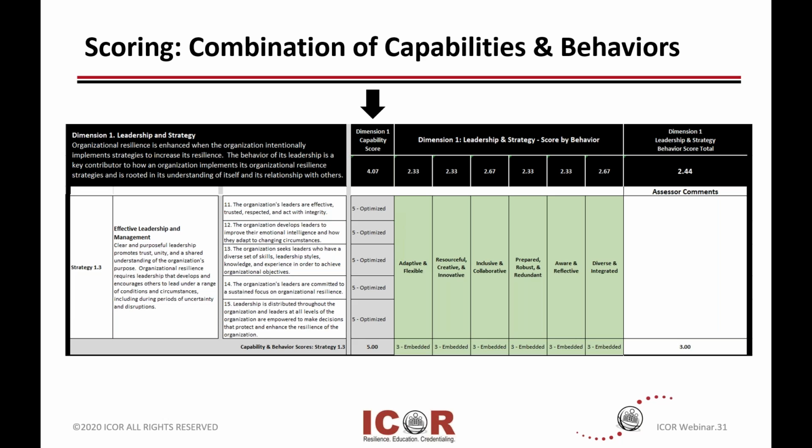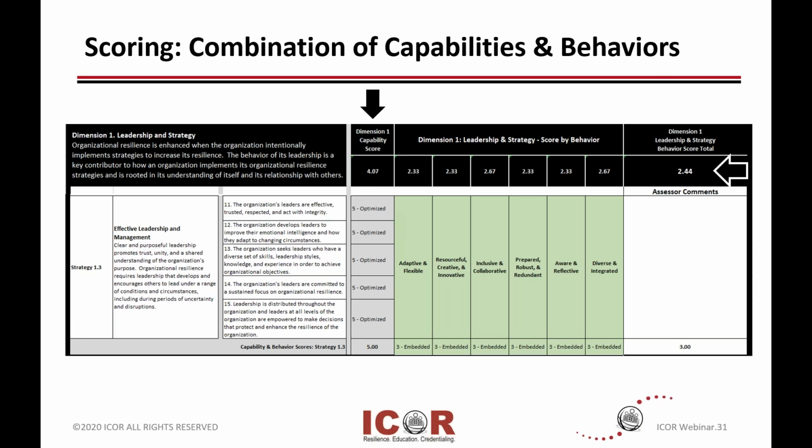You have a score for each of those strategies, and you have scores for the capabilities and the strategies that you're measuring. Then you have a capability score as well as a behavior score, and those scores then get tied together.